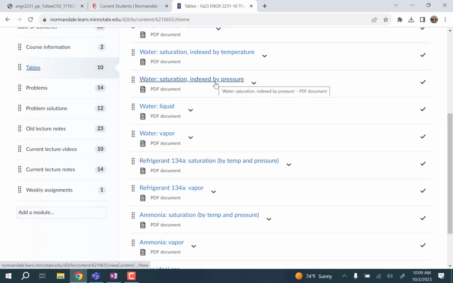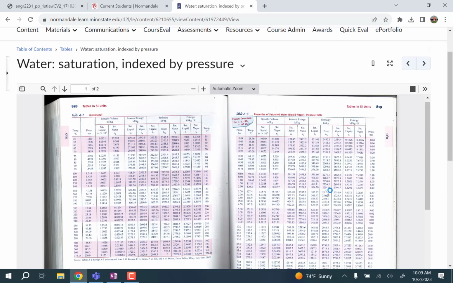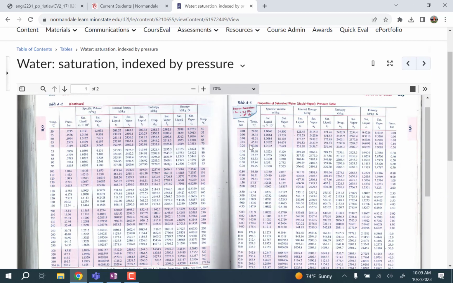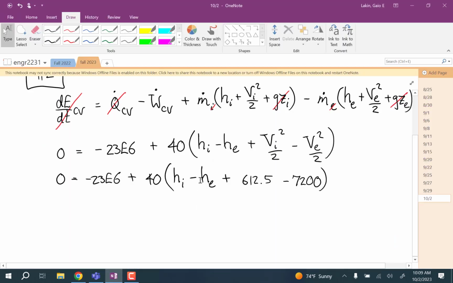We know the pressure, so we're going to use the one that's indexed by pressure. Okay, so 0.06. And what we want is to look up the enthalpy at that pressure.